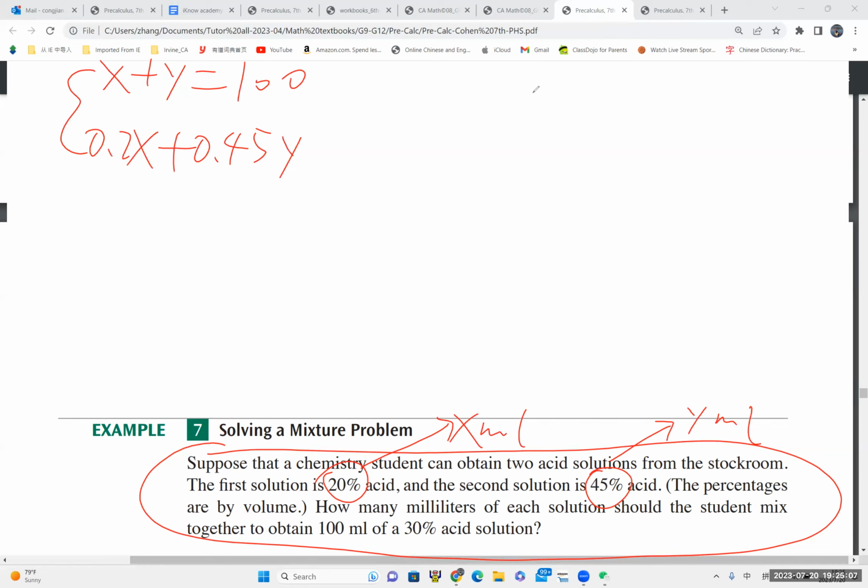The total is the volume of acid before mix. Then after mix, how much acid do we have? We have 0.3, means 30%, times the total volume, 100. All right.